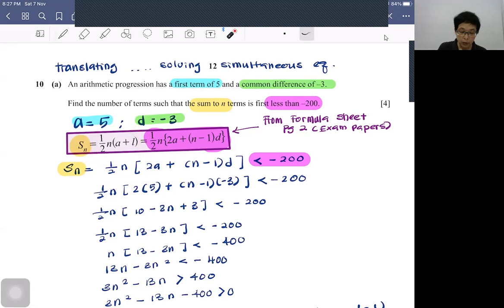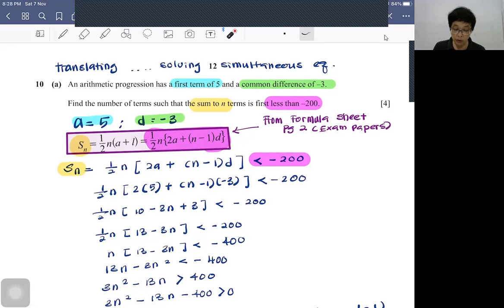For this case, we are not going to use this one. Why? Reason number one, we know the a, but we do not know the l, which is the last term. We are just interested in finding the very first n for which the total sum of all the terms is less than negative 200. So you do not have to find out the l, the last term. So we're going to use this version of the formula.